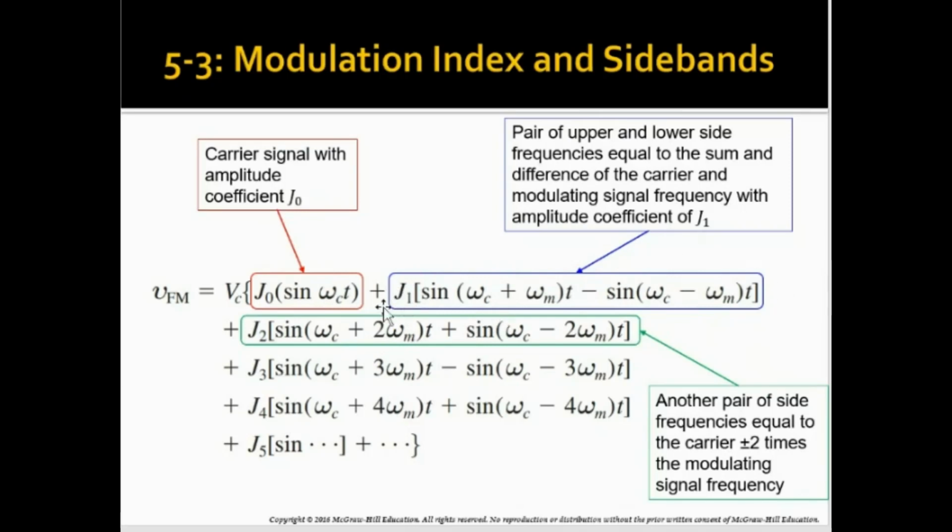So this is the first sideband elements. For second sideband's elements, they have amplitude of J2, and the carrier frequency now is plus 2 times your modulating signal frequency, and another one for lower sideband is omega C minus 2 times the modulating signal frequency. So, and so on. You have multiple of them, and the amplitude keeps changing.